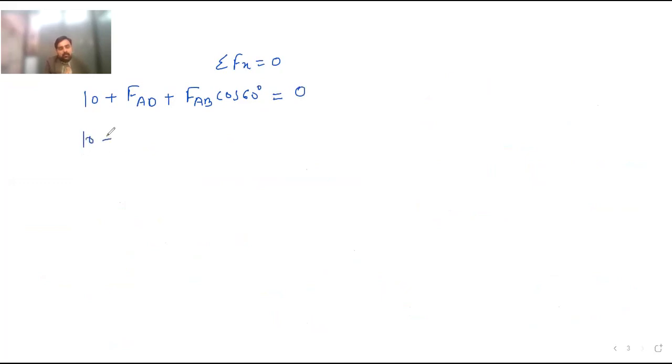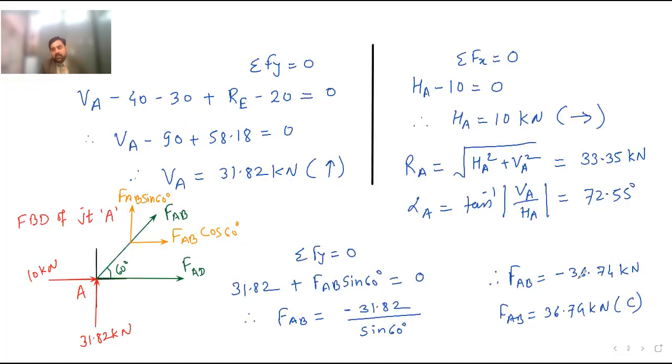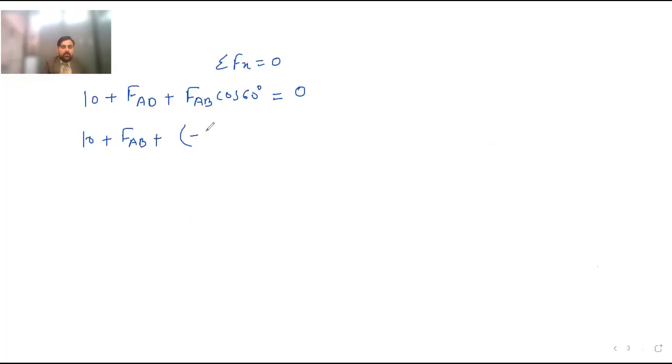So now 10 plus FAD as it is plus now FAB. Here you can see, here we have got the compression. FAB is compressive, but we have not changed the direction over here. FAB we have kept it as it is. So we will use the value minus 36.74. So it is minus 36.74 of cos 60, which is equal to 0.